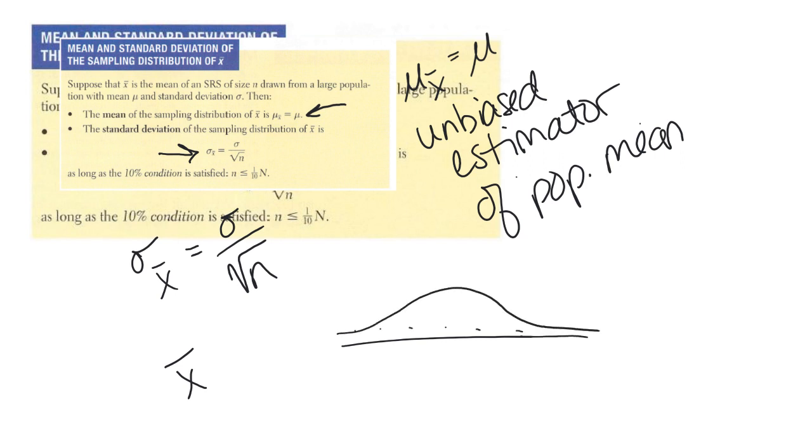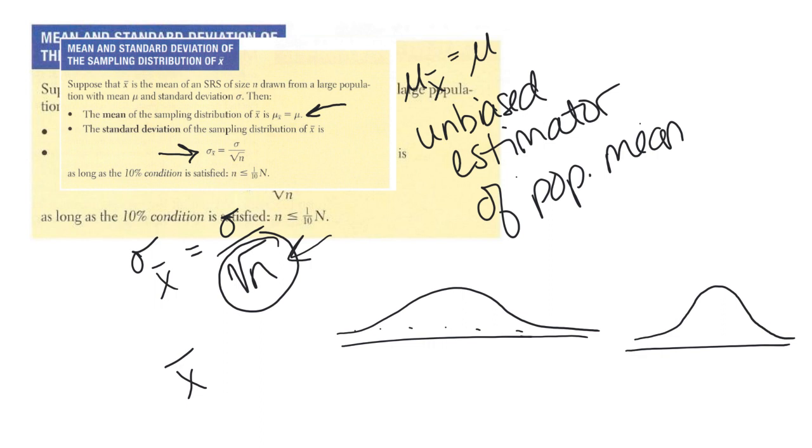As I divide by a larger number, my standard deviation, or my variability, will get smaller. So as I increase my sample size, my variability will go down, because in the formula I divide by the square root of the sample size.